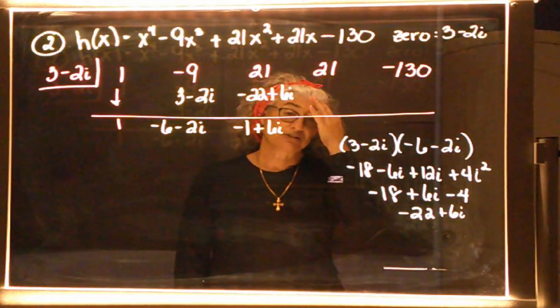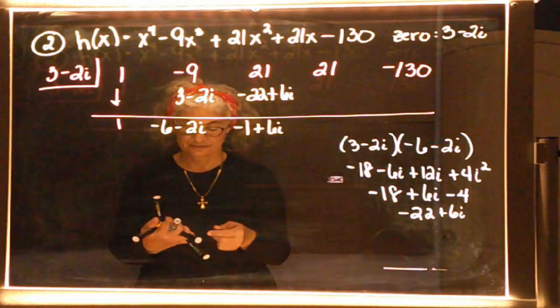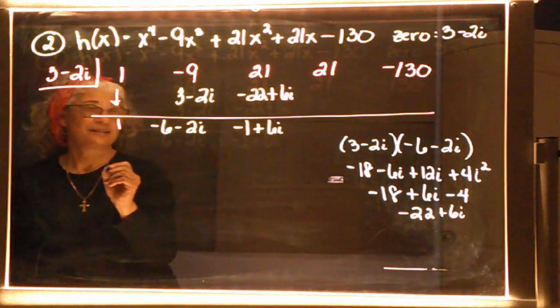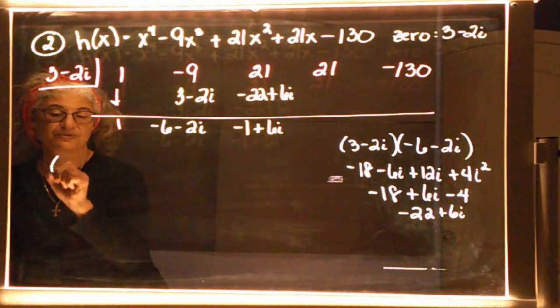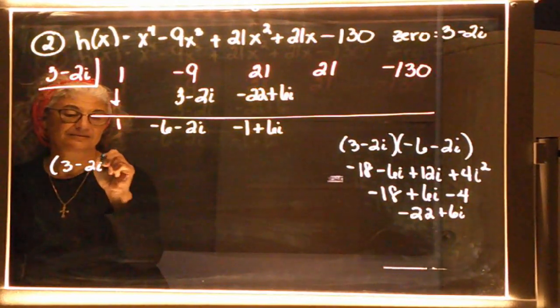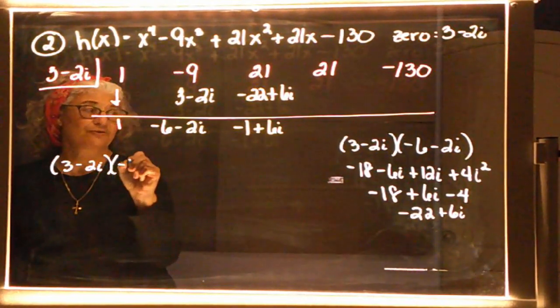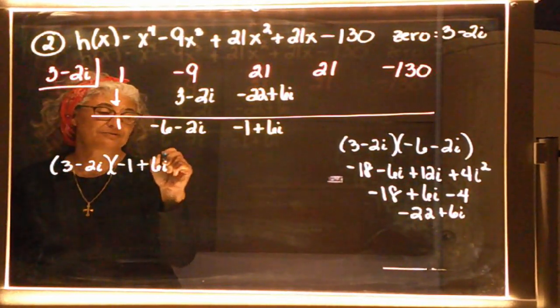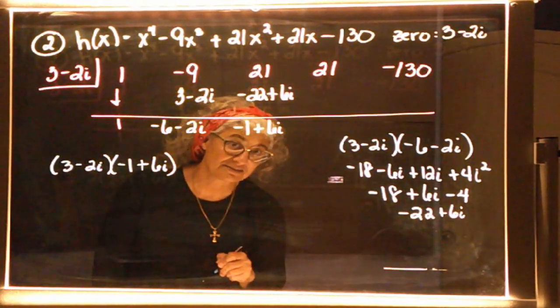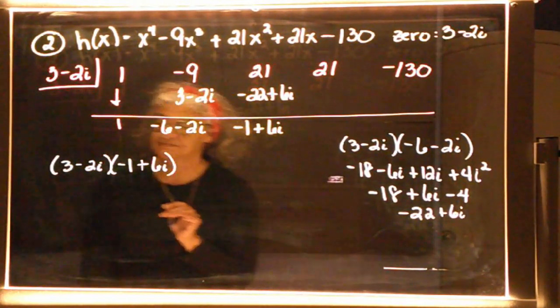And now you have to multiply this 3 minus 2i times the -1 plus 6i, don't you? Okay, let's take our time.